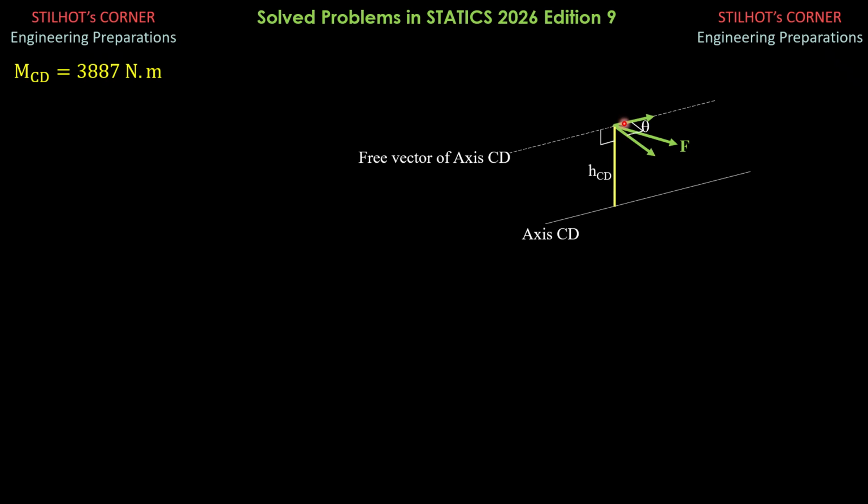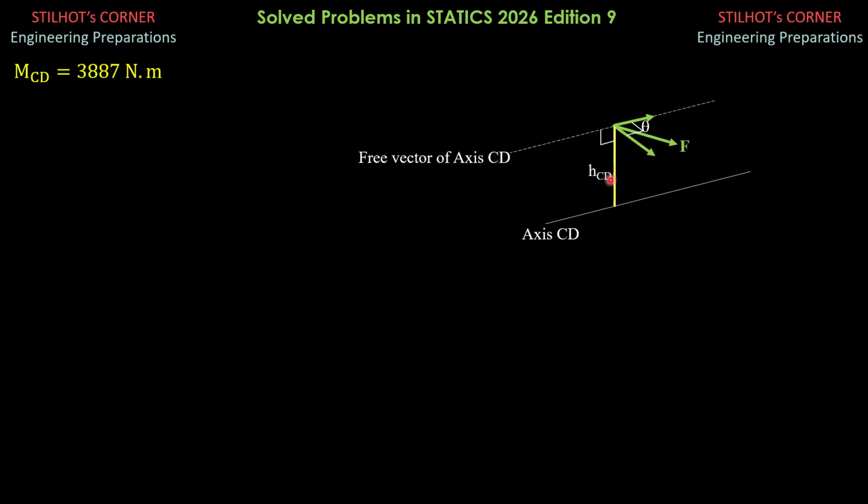So this is the component of F in the direction of the axis, which has no moment about this axis here. So only this component of F will have moment about this axis here, and that is moment on axis CD, which is equal to 3,887. So let's just make it always positive because we're computing for distance, purely distance.